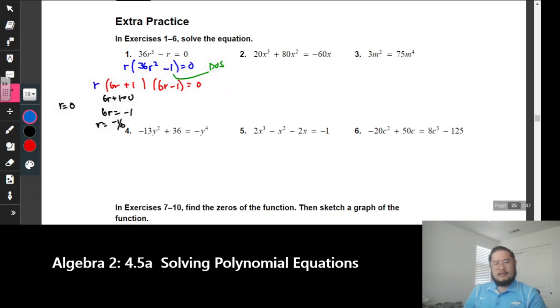And let's repeat. 6r minus 1 equals 0. We'll add 1 to both sides. Divide both sides by 6, and r is equal to 1/6. So we have three solutions right here, and we have now solved the equation.